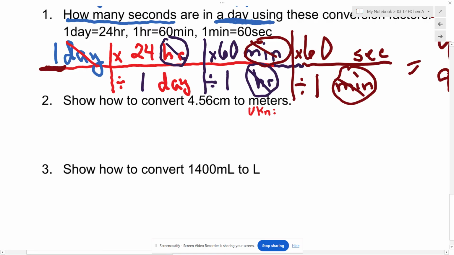How many meters? The unknown. This is the thing we know. Okay. Once we figure that out, we know where to start the problem. We start the problem with the thing we know, 4.56 centimeters.